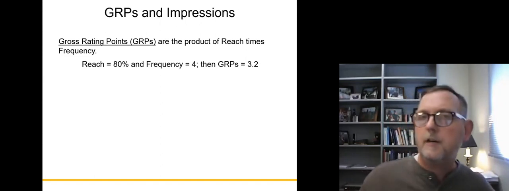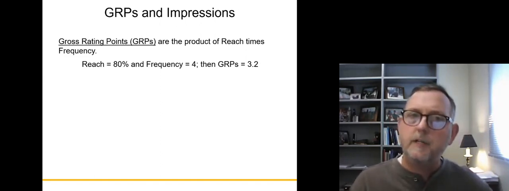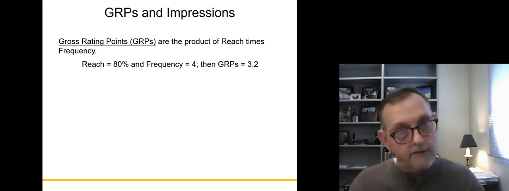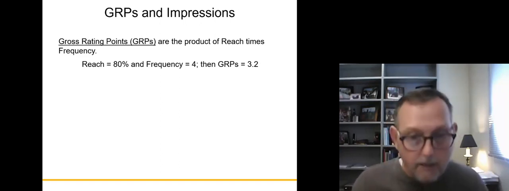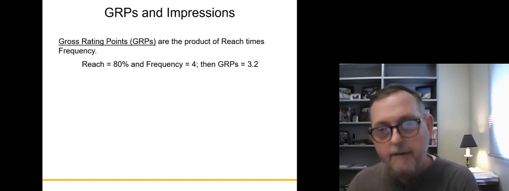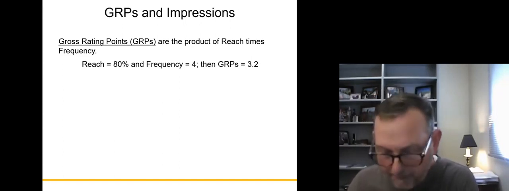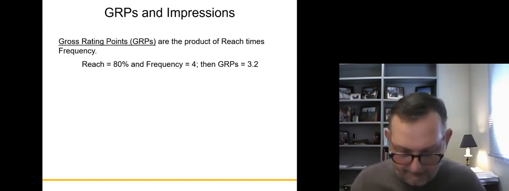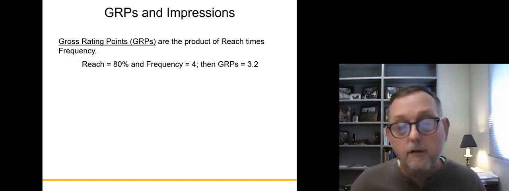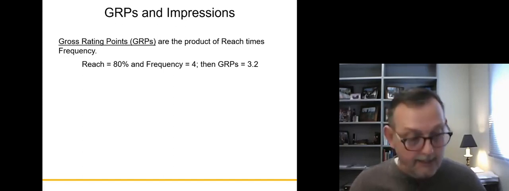Now, here's the deal. I'll calculate a GRP for television, for radio, and for the app ad that I'm running. So I'll have three different GRPs, and I'll have a dollar amount that I'm spending on TV, a dollar amount on radio, and also on the app.